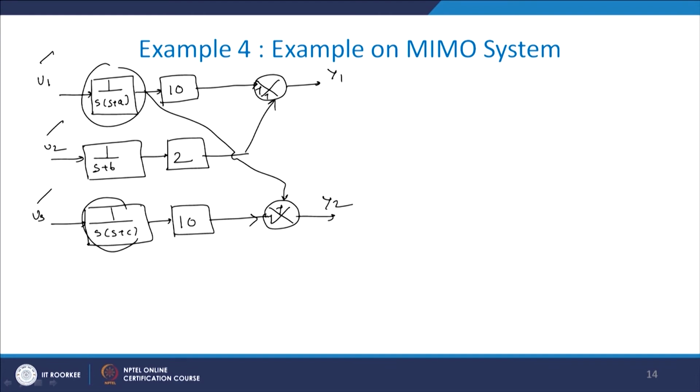just now we have seen the last example. So it is possible that we can simplify this part and easily we can get the state space model. So how to do it? Here I am rewriting the block diagram again.